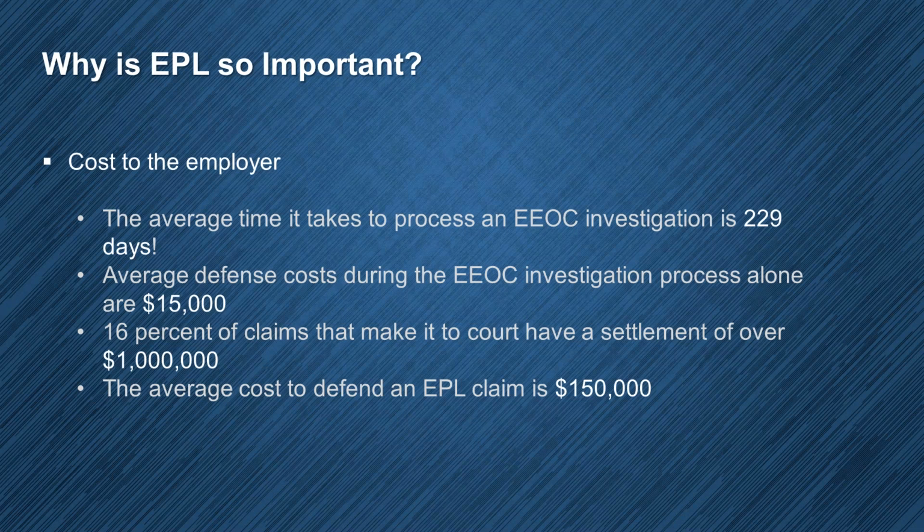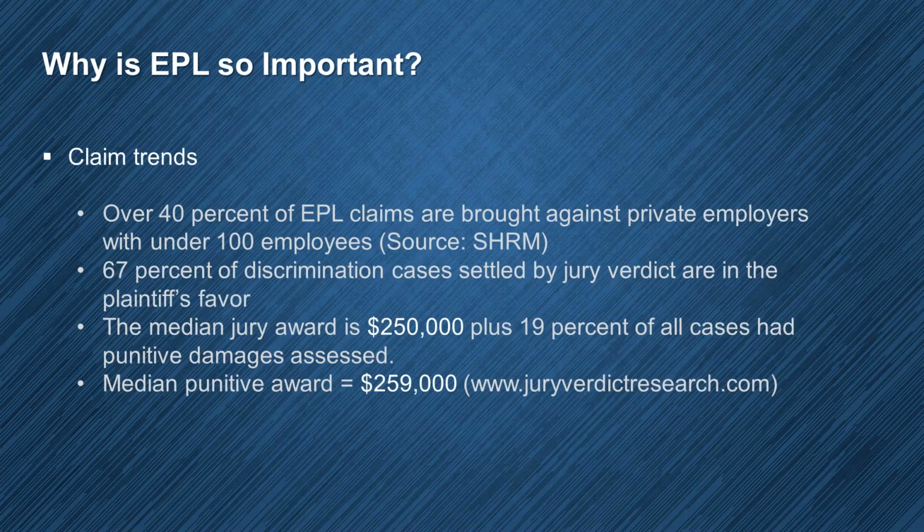And as I mentioned earlier, we're spending anywhere between just 15 to 25,000 to defend a frivolous claim, but it really is usually more like 150 to 200,000 when the claims have merit and there's a legitimate claim behind it. They tend to drag on for a while. So, some claim trends: over 40% of EPLI claims are brought against private employers with under 100 employees.